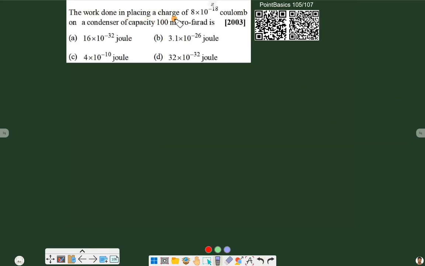Now, the work done on placing a charge, the value of which is given, on a condenser of capacity 100 microfarad is. So we have to find the work done. C is 100 into 10 raised to power minus 6. Q is given, 8 into 10 raised to power minus 18 coulomb. So work done will be equal to the energy of this charge in the capacitor, and energy in terms of charge is given by Q square by 2C.